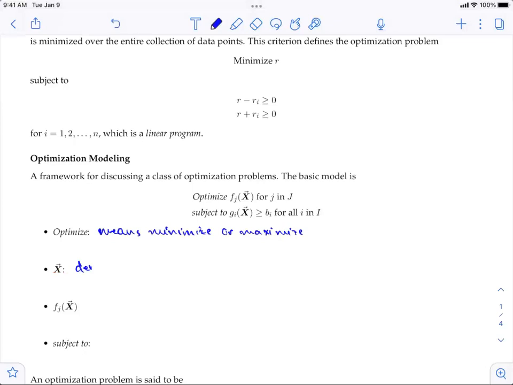And this variable is called the decision variable of the model. There are multiple components in x.